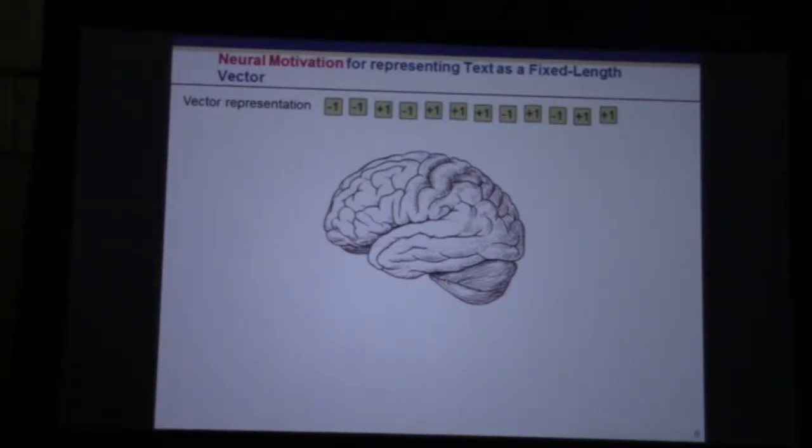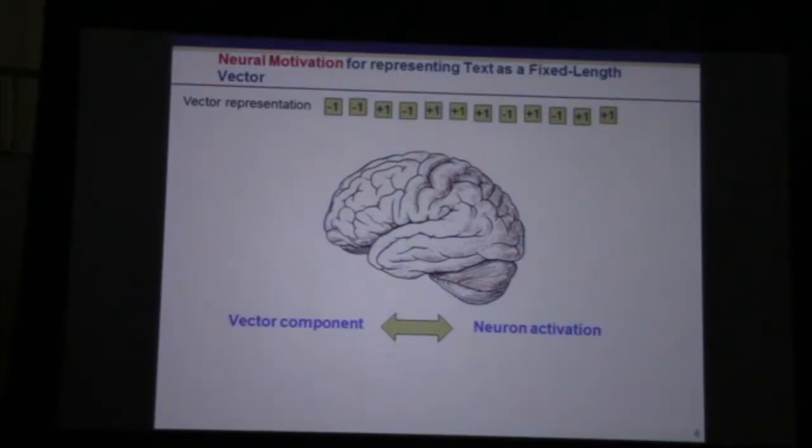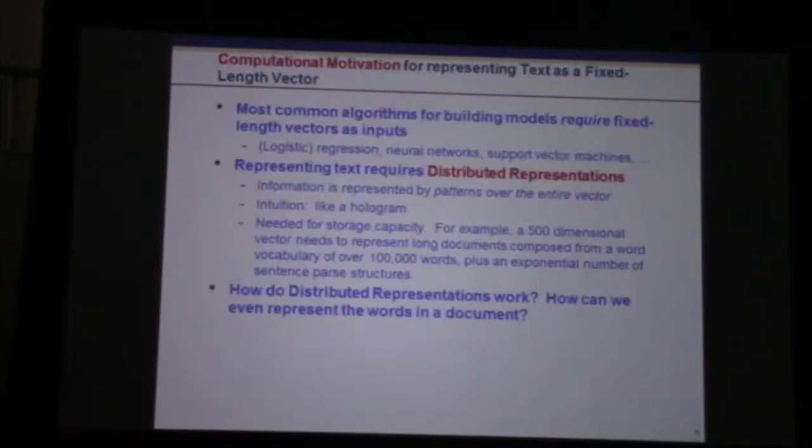I hope people know, a vector is just a list of numbers with some operations. So that's the basic correspondence, both in neural modeling and that we're going to be using in a way: a vector component corresponds to a neuron activation. That's the neural motivation only. That doesn't solve any of our problems, right?